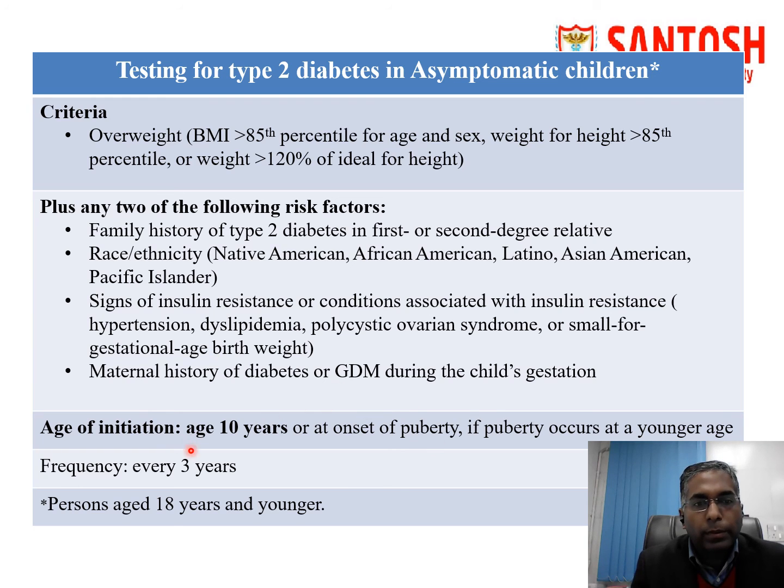This screening should be done at the age of 10 years or at onset of puberty if puberty occurred at a younger age. And it should be repeated every 3 years in children who are asymptomatic and have risk factors for developing diabetes mellitus later in life.